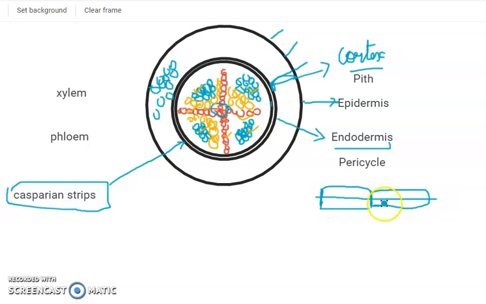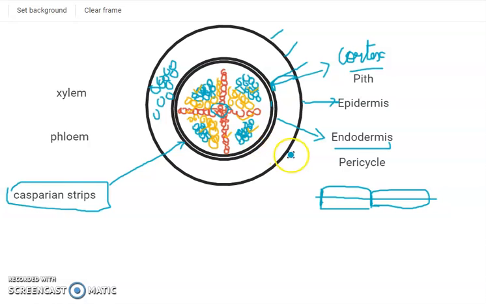So this tangential and radial walls, they have water impermeable waxy material which is called as the suberin, right? So we will see it on top of the endodermis, and in the radial walls of each cell, we will be able to find this Casparian stripes which is made up of waxy material which is called as the suberin, right? So this is about the endodermis.